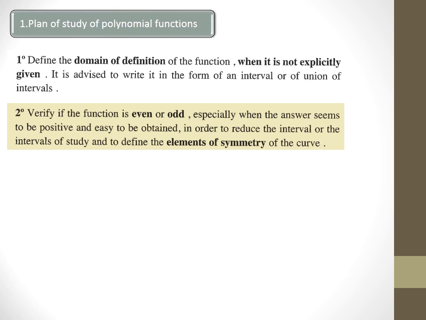You can only draw a part of the graph according to the table of variation or the table of points, and you can continue the graph according to its symmetry to y prime y if it's an even function, or according to the center of symmetry if it's an odd function. So the parity helps me to draw part of the graph according to points or the table of variation, and to continue the graph according to the symmetry.